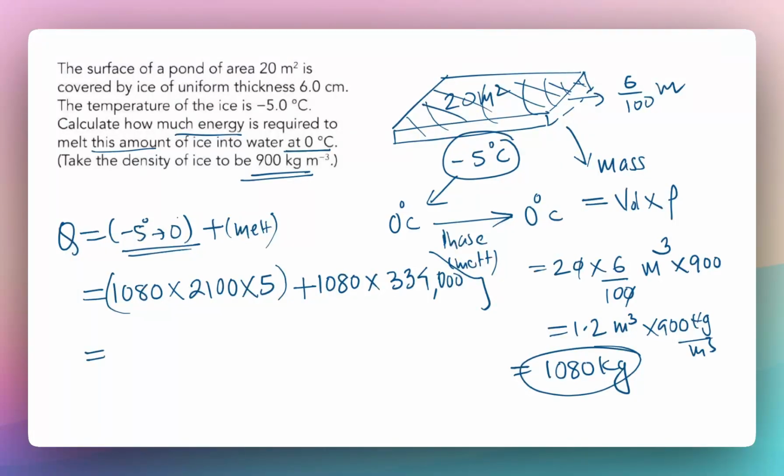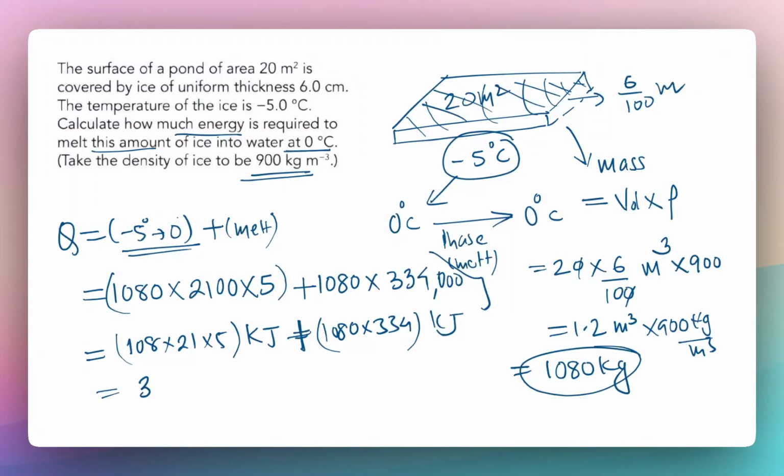So this is 108 into 21 into 5 kilojoules plus 1080 into 334 kilojoules. And when you do the maths, it becomes 372 into 10 to the power 6 joules, and that will be equal to 3.72 into 10 to the power 6 joules.